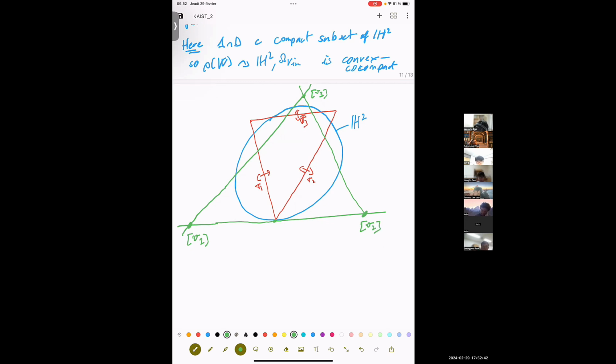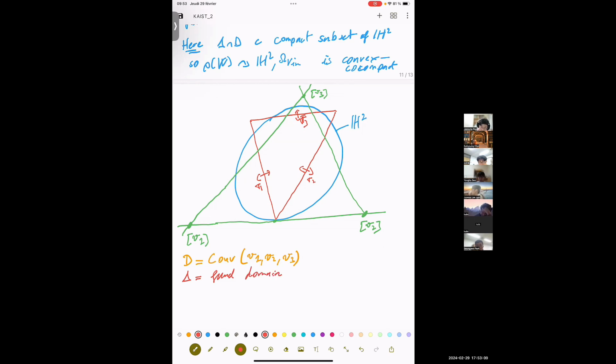So if I take again D to be the convex hull of V1, V2, V3, always delta is my main fundamental domain.